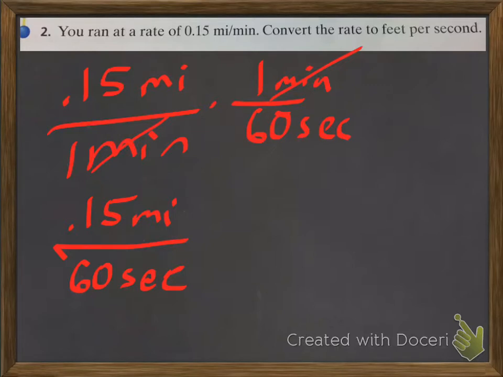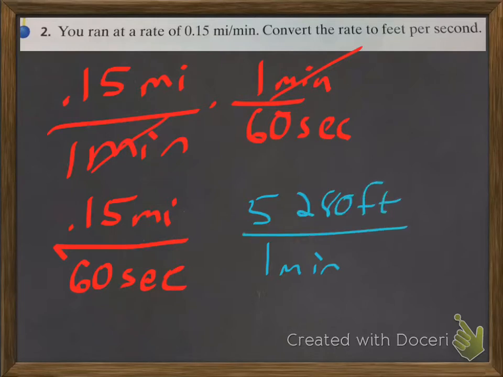Now, I want to convert my miles into feet. Well, there's 5,280 feet in 1 mile. Mile, not minute.